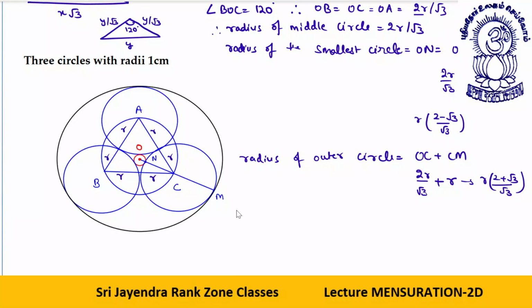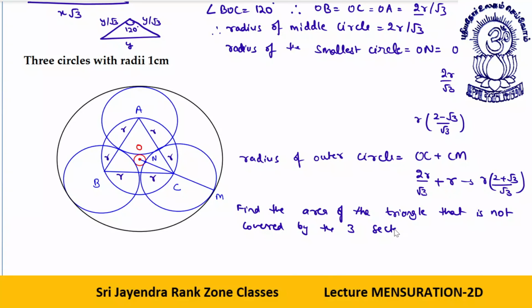Suppose somebody asks me, find the area of the triangle that is not covered by the three sectors.